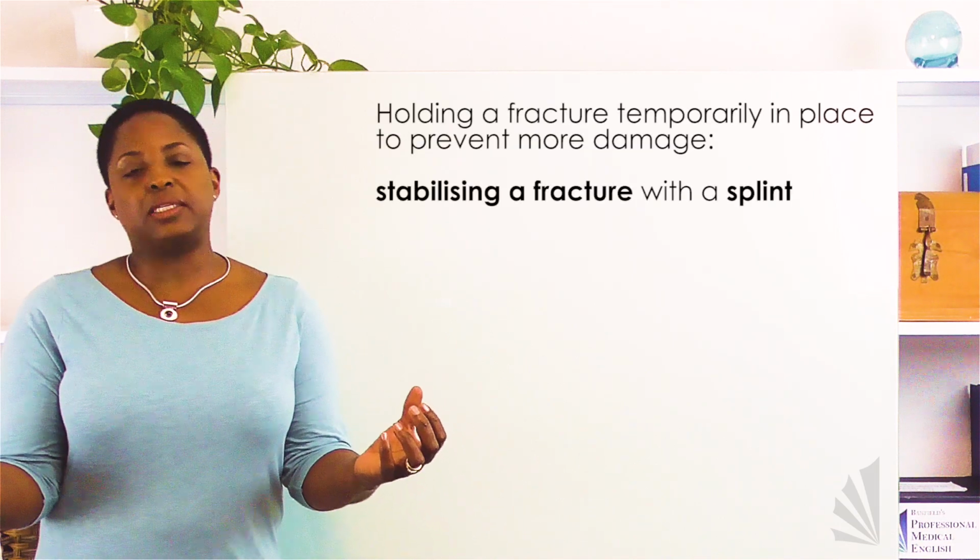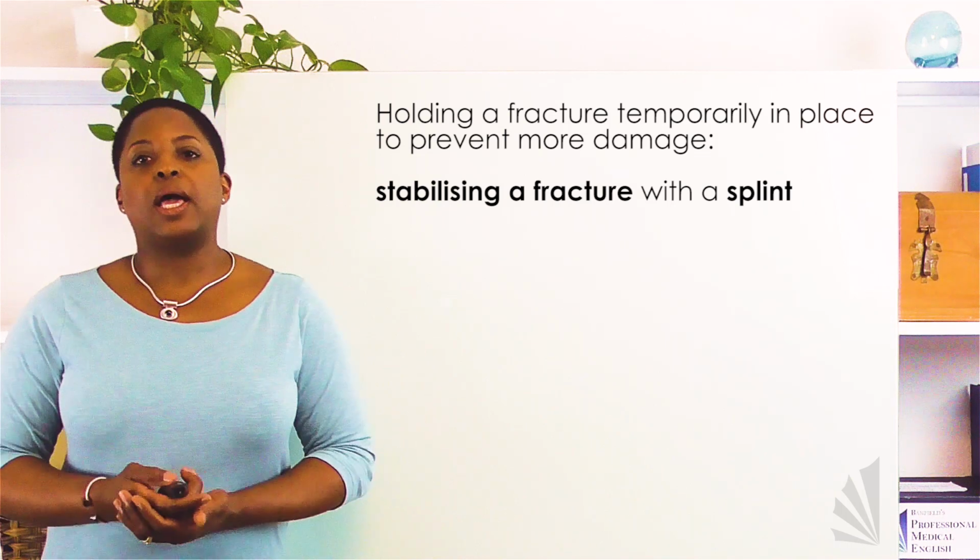Now, fractures, when they first happen, of course, they move freely. The patient might be restless. You want to make sure that there are no bones flying everywhere or that the ends of the bones don't cause more damage to tissue. So you want to hold the fracture in place so at least it doesn't cause any more damage.